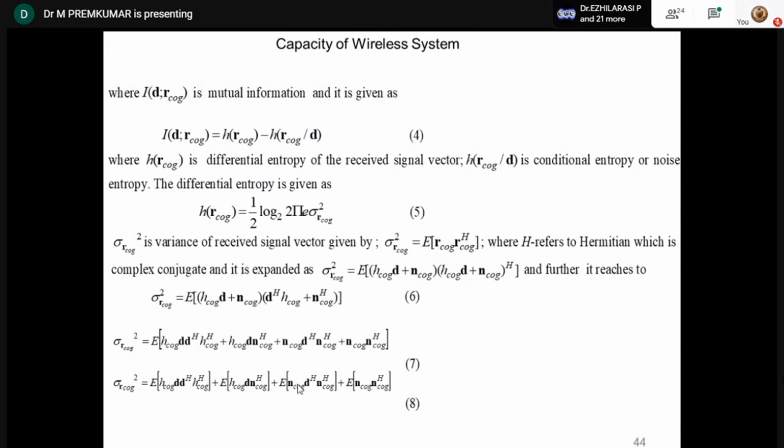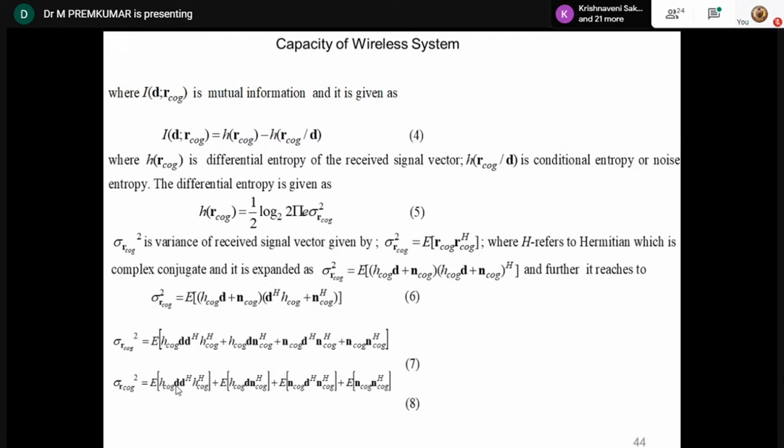Likewise, consider the cross correlation of a deterministic signal. D is a deterministic signal, it is the data. The cross correlation of noise and data, since noise is random, is zero. So these terms get zero over here. Then these terms you can split up into two deterministic and two random terms.